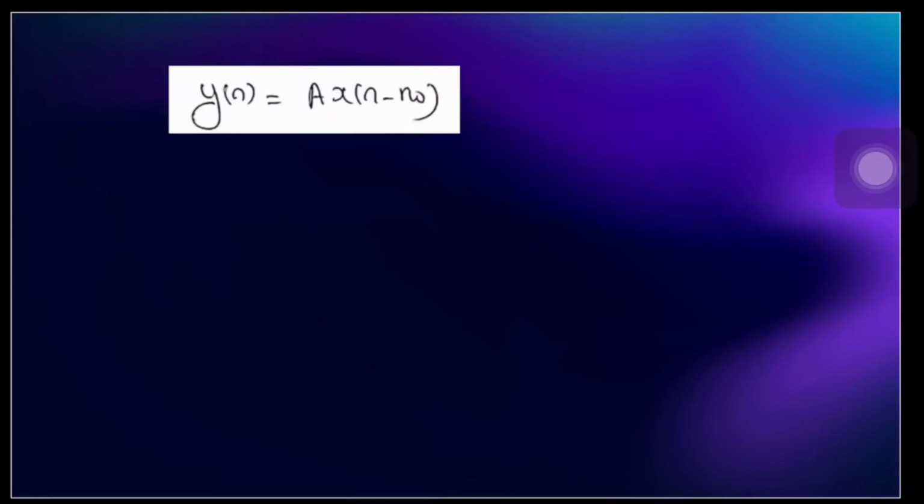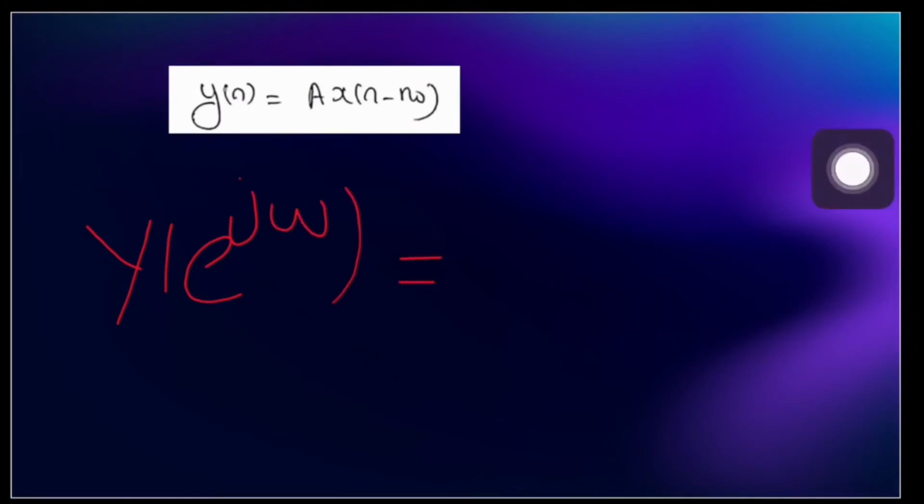So here the Fourier transform of y of n is Y of e raised to j omega. That is equal to, what is the Fourier transform of x of n minus n0? We know the Fourier transform of x of n is X of e raised to j omega.